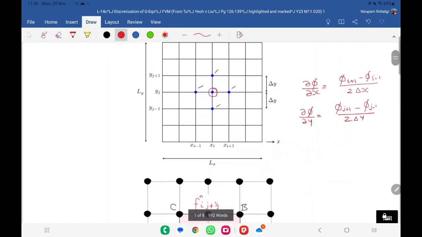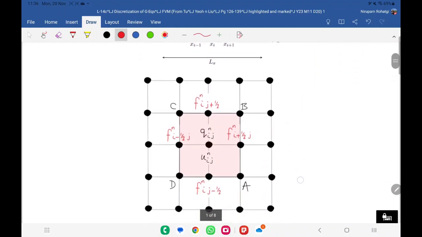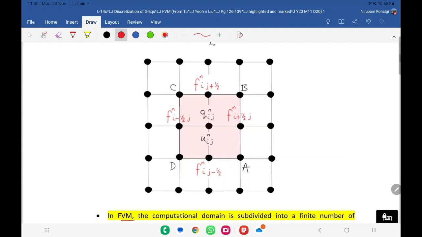Okay. Now when we are talking about FVM, then what happens, this computational domain is divided into volumes. So we will talk not in terms of the points or the nodes, we will talk in terms of the volume.